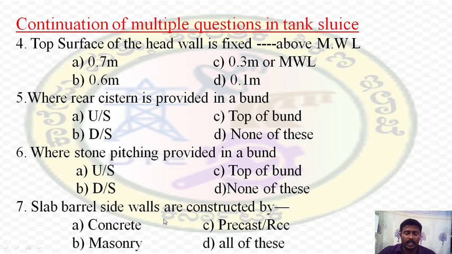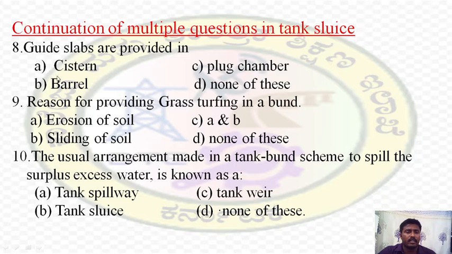So next question, guide slabs are provided in option A cistern, option B barrel, option C plug chamber, option D none of these. Answer is plug chamber. So the guide slabs are provided in a plug chamber.